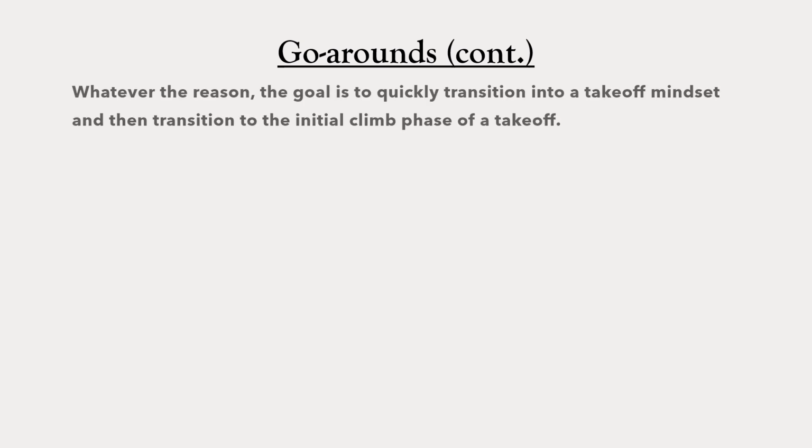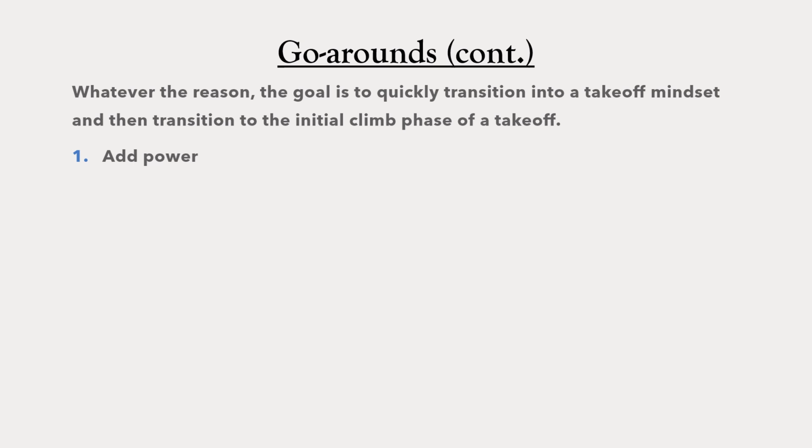Whatever caused you to have to do a go around, you need to quickly change your mindset from thinking about landing to kind of having your brain in a takeoff mindset and transition to the initial climb phase of a takeoff, which we discussed in the lesson on takeoffs.